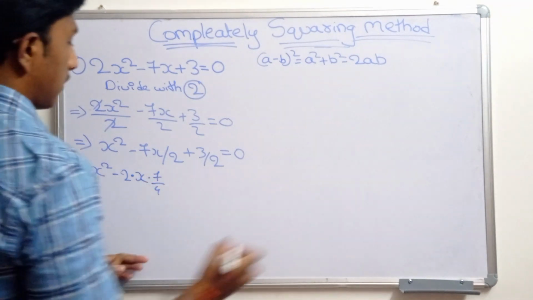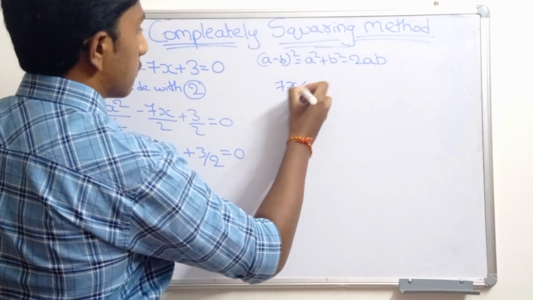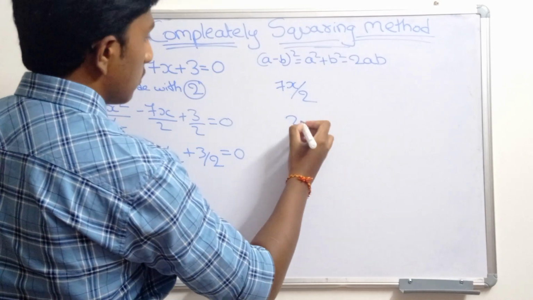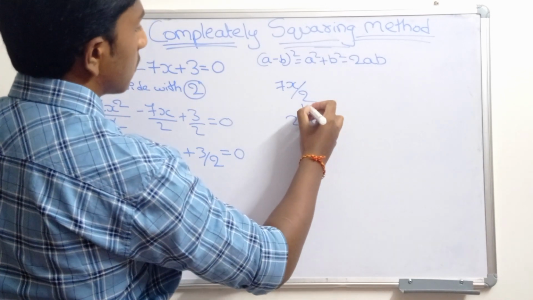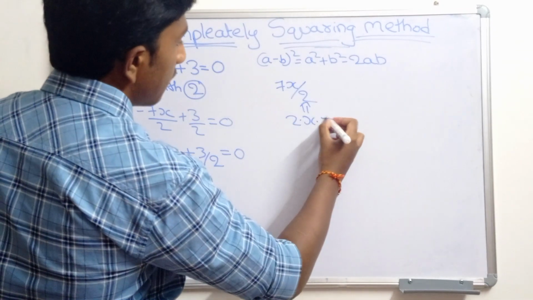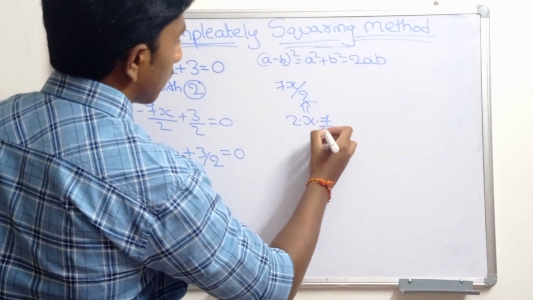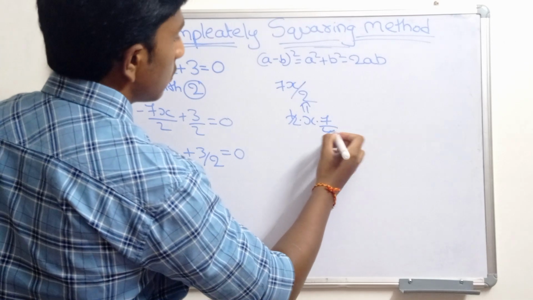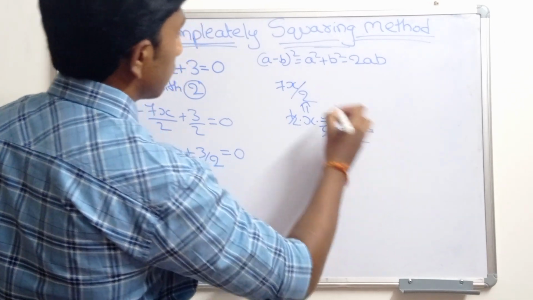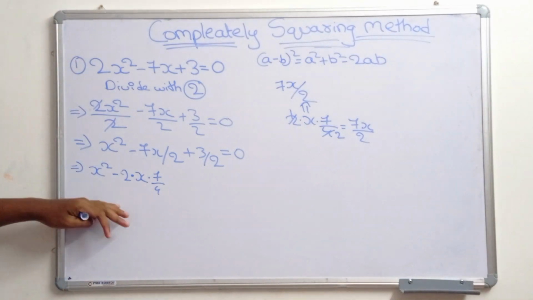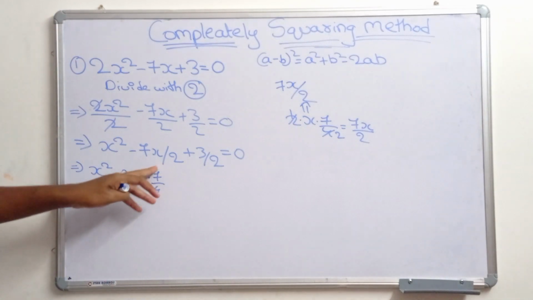Once I'll show, and we have to get 7x by 2. So I have 2 into x. So with which term do I have to use here to get 7x by 2? If I go with 7 by 4, 2 ones are 2, 2 twos are 7 into x, 7x by 2. Guys, is it clear? This is the way how you select this term.